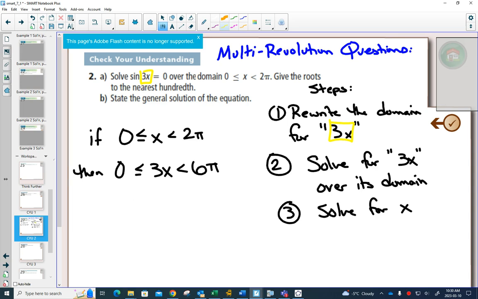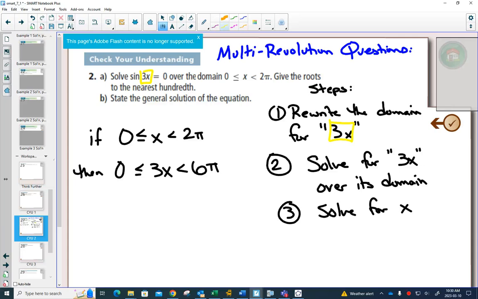This is why these are called multi-revolution questions, because 0 to 6 pi is once, twice, 3 times around your circle. So you're going to be solving, but thinking about going 3 times around your circle instead of just once around your circle.